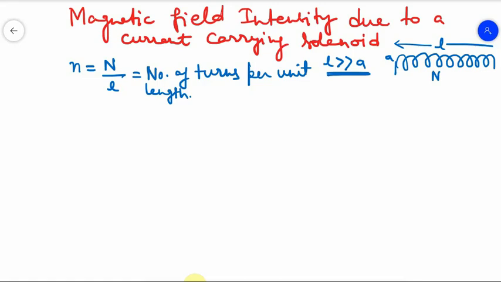So for deriving the expression, let us draw the solenoid. Let this be our x-axis and let this be the z-axis. Only two axes we are taking for this purpose, and let the solenoid be like this.